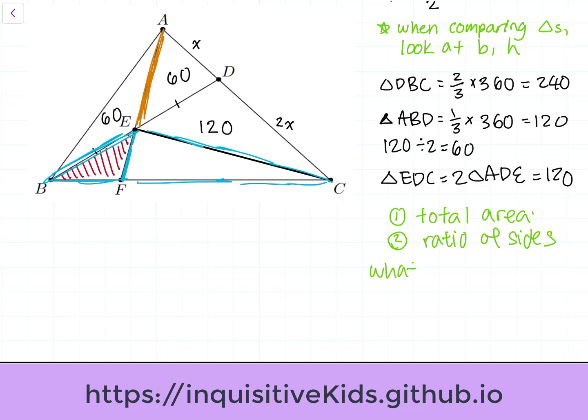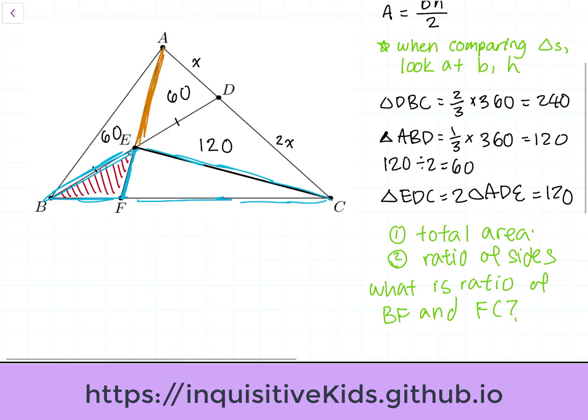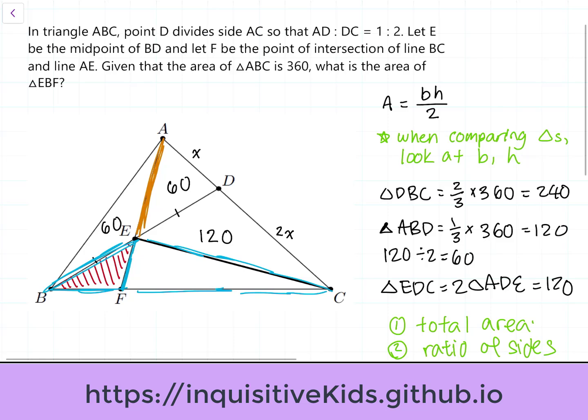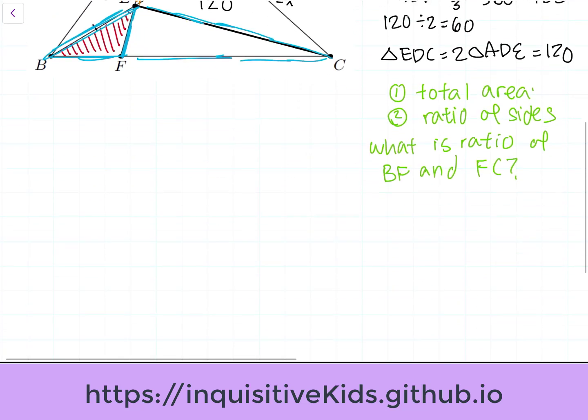In this case, we have to ask ourselves, what is the ratio between the 2 bases, which is BF and FC? What is the ratio between these 2 line segments? So how can we find that out?